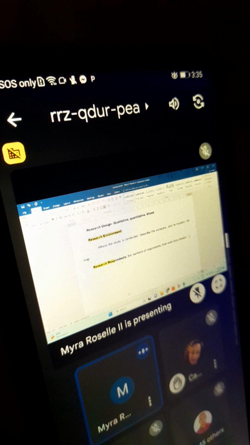After research respondents, you are going to have the research instrument. What instrument did you use in gathering data?